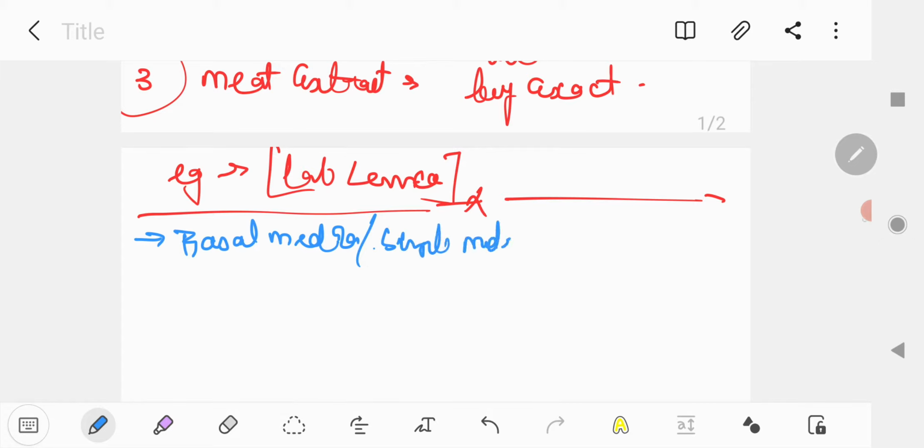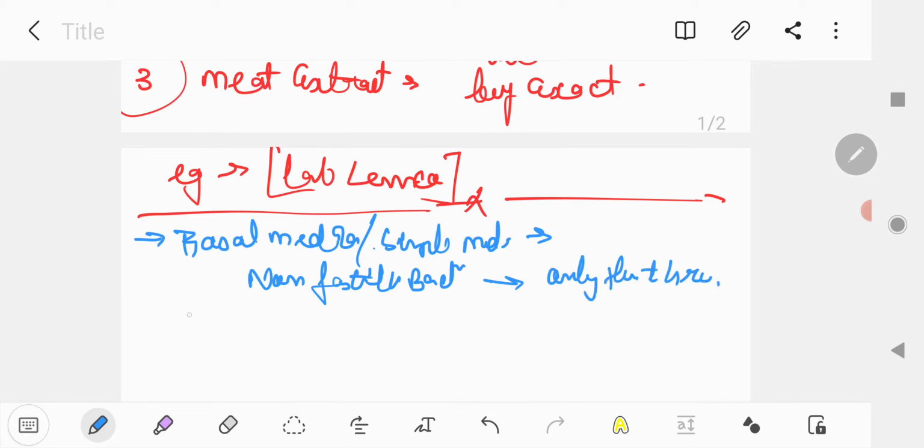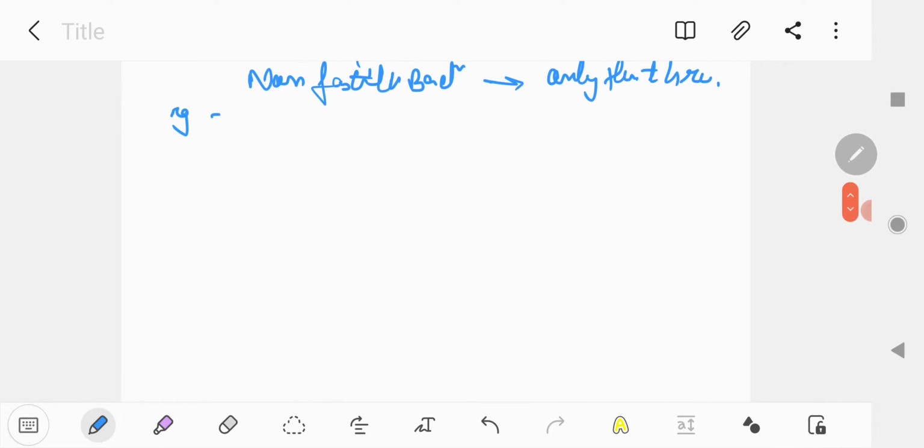Basal media or simple media, it is mainly used for the non-fastidious bacteria, in which we only have to grow that. Example, if we take example in this, first we can take peptone water.